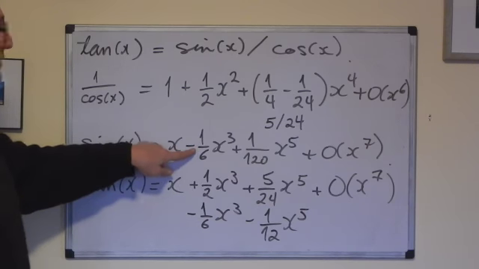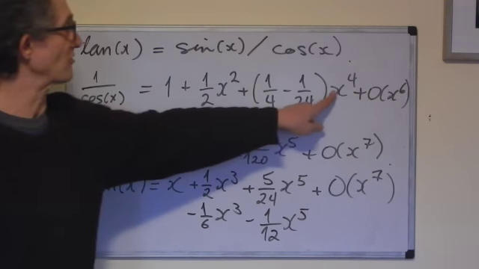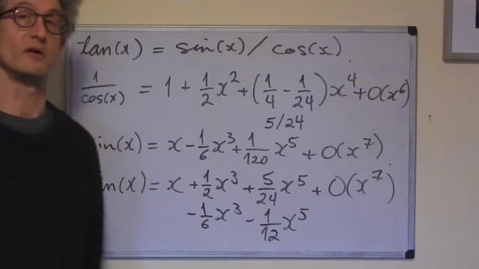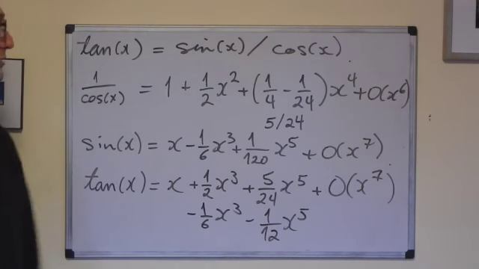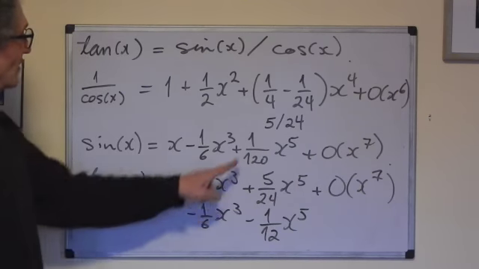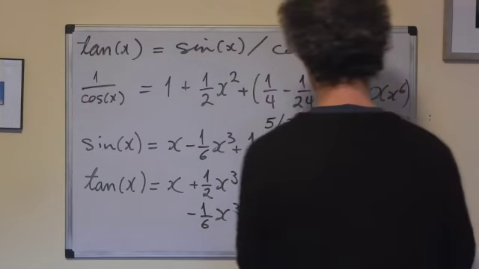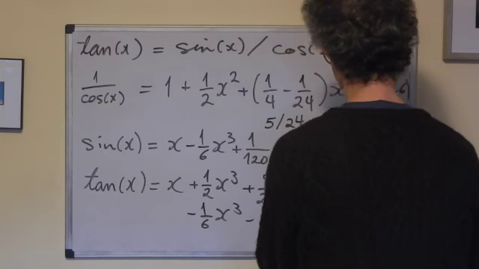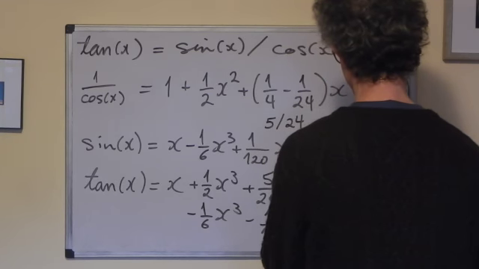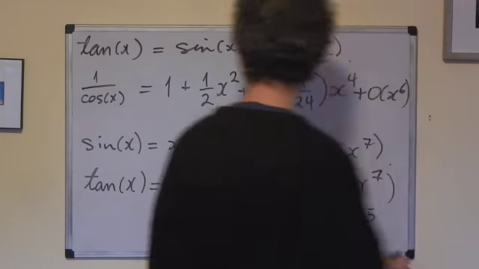When I multiply this x cubed term by this x to the 4th term, I get an order x to the 7th term, and we're already ignoring those. And what's left is this 1 over 120 x to the 5th times 1, so that's plus 1 over 120 x to the 5th.